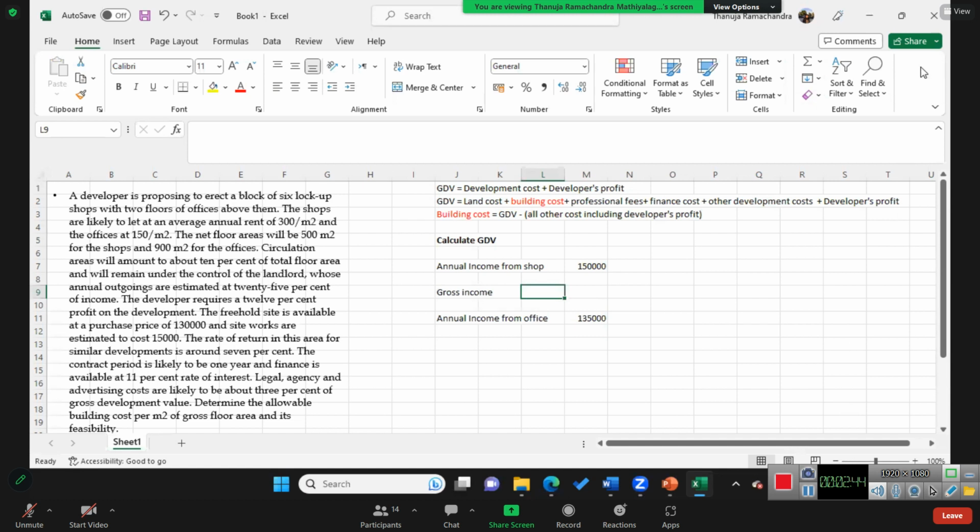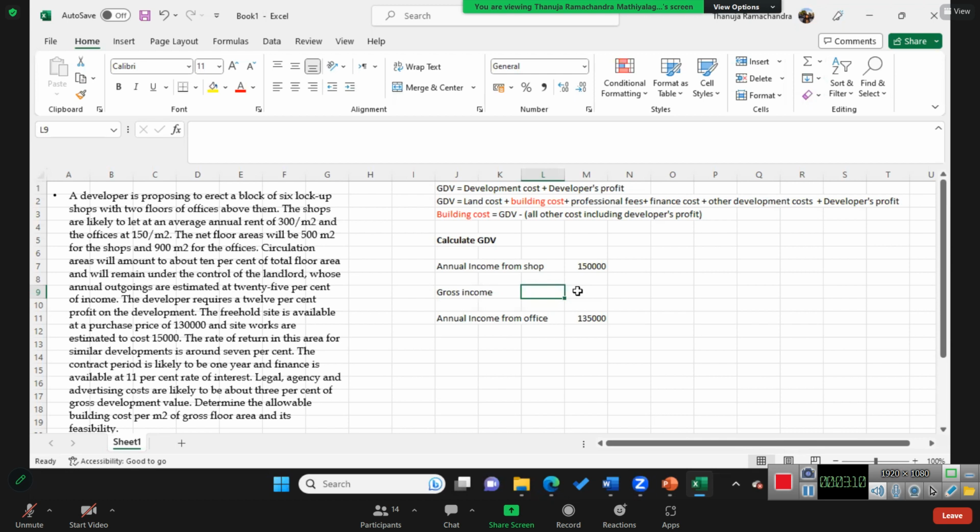Excuse me, madam. A small clarification. The floor area of shops, is it 6 times of the floor area given? No, it's 6 lock-up shops with 2 floors of offices.